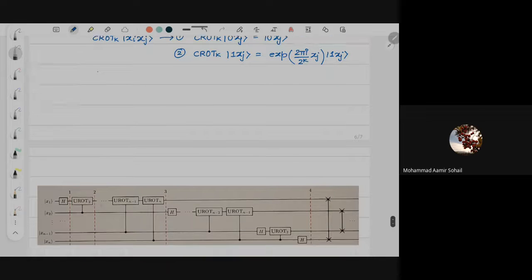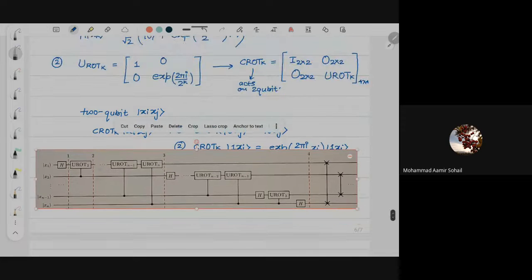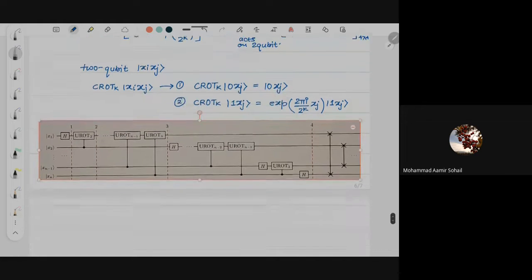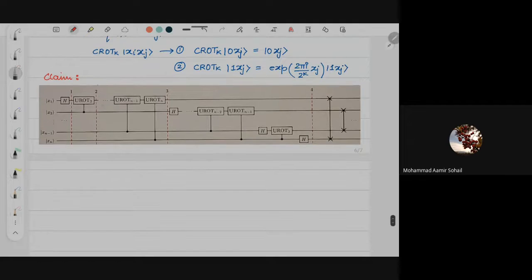So now the circuit for this QFT will look something like this. We will also prove whether the circuit is valid, but let's say we claim that the circuit for this QFT will look something like this. So we have this Hadamard here, then we have this controlled rotation, then this one is also a controlled rotation, and this one is also a controlled rotation.